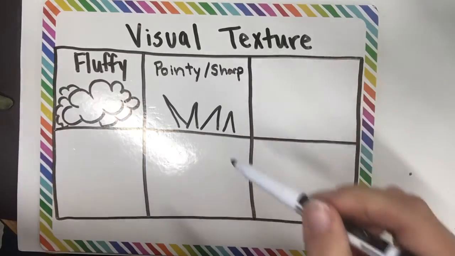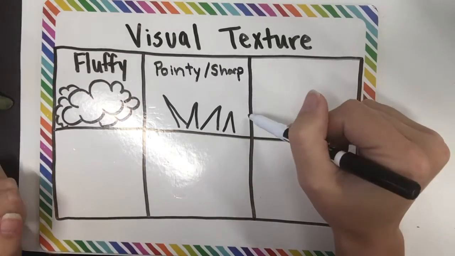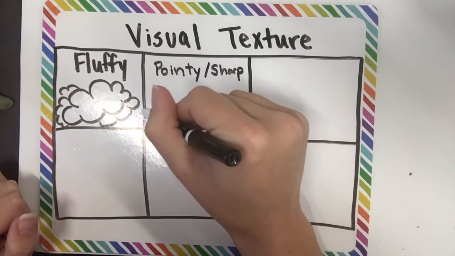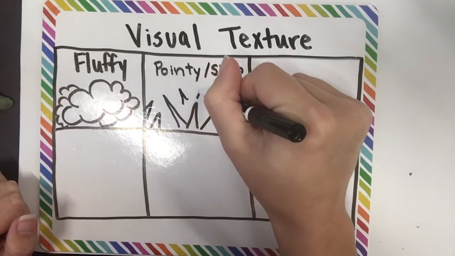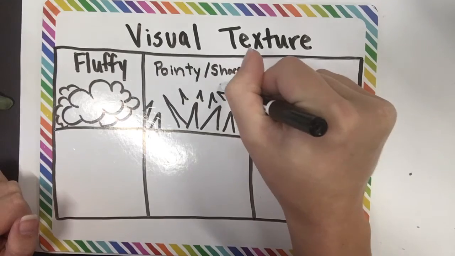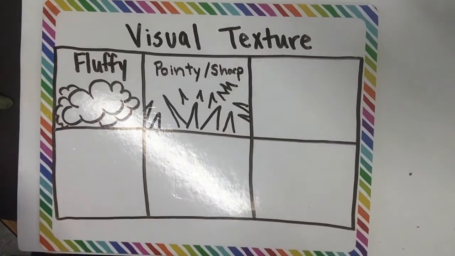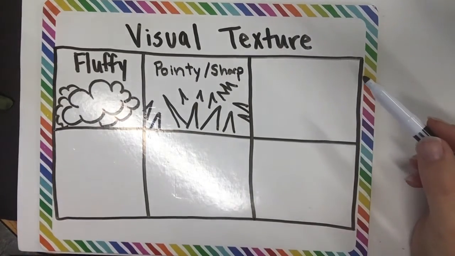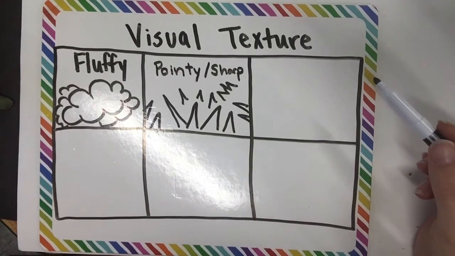This could be used for spikes on an animal or rough rocks. And I could just make these jaggeds come out. Could also be used to draw teeth. And again, if we were really physically there in person, we could touch those things and know that, ouch, those are sharp, but we have to draw what that might look like when we're drawing these things.